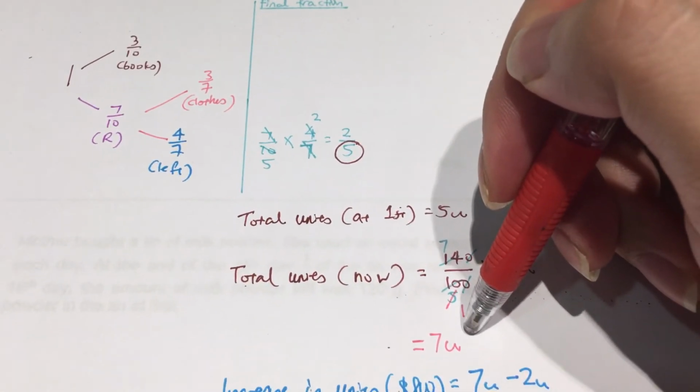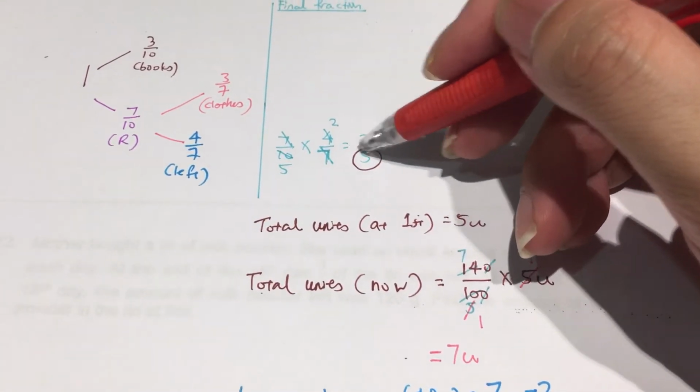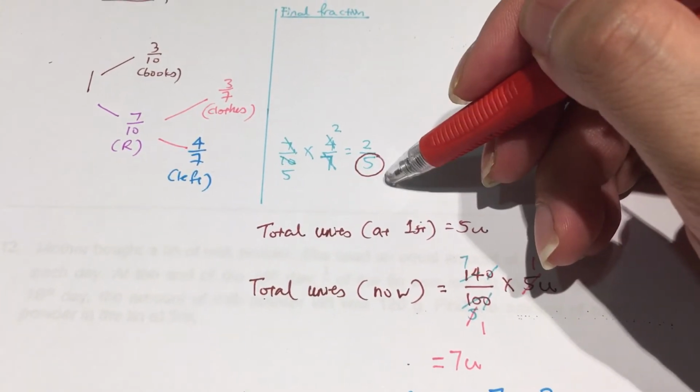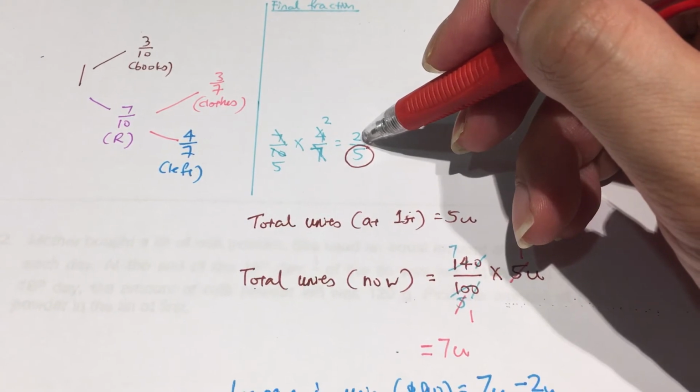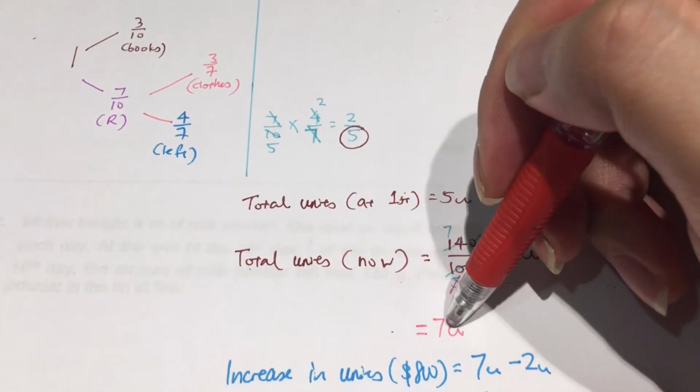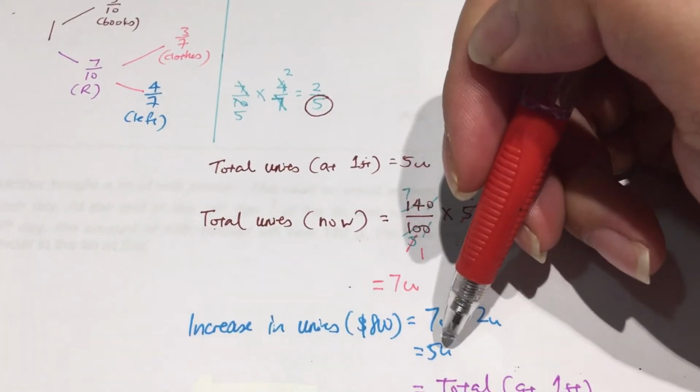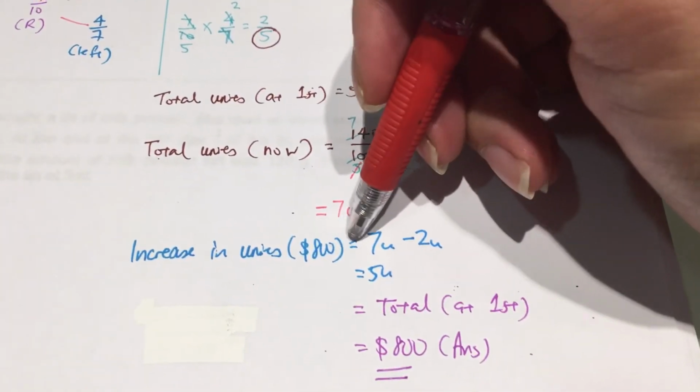Okay, so can you see that here is 2 units out of 5 units that's left, and then after being given $800, it jumps to 7u. So the difference of 5 units is actually $800.